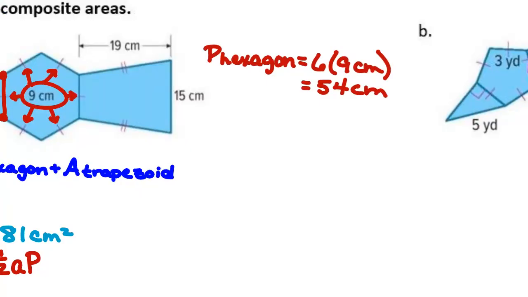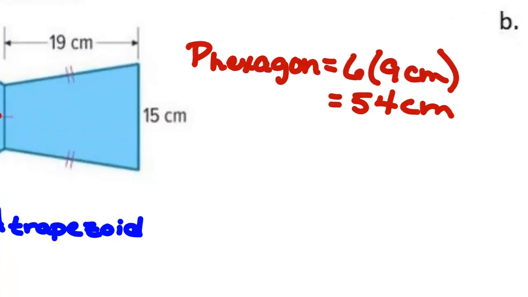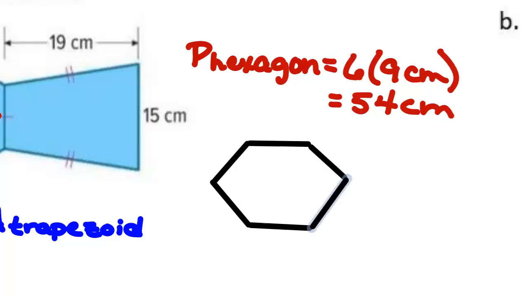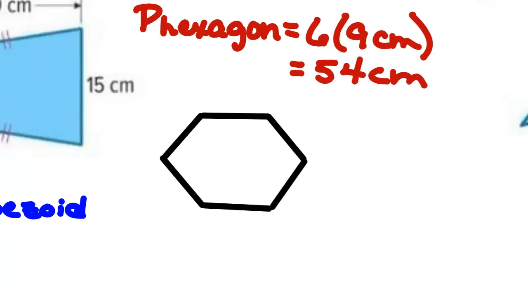We need the apothem. I'm going to redraw just the hexagon off to the side over here. All right, there's my redrawing of the hexagon. So the apothem goes from the center straight down to the side, and where it hits the side, it makes a right angle.